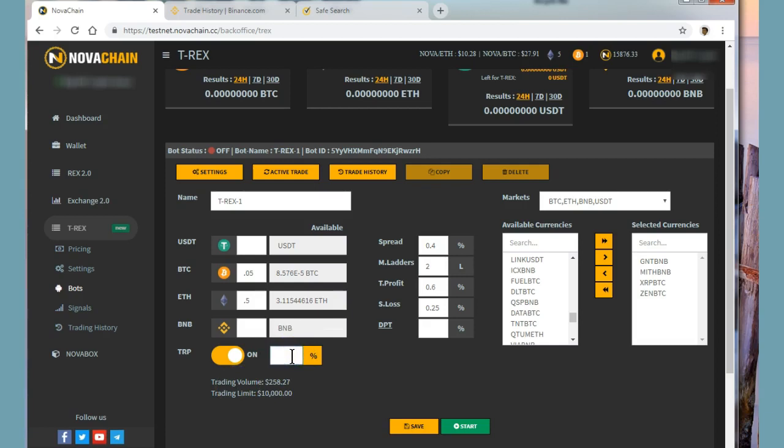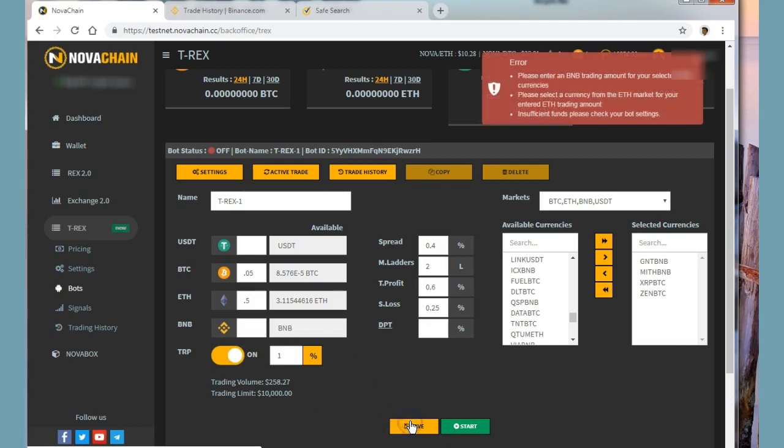What was the trailing setting for that? Let's try 1%. Again, that's if your trade is in profit, if it's making some money, and you don't want to set just a target. You want it to say it's at 3, then at 4, then at 5, so it keeps raising the limit before it sells. I think that's a fair explanation.